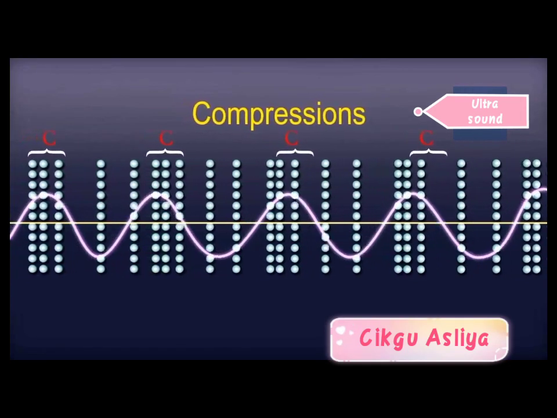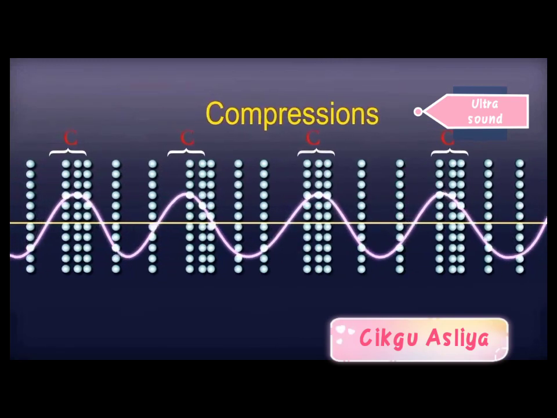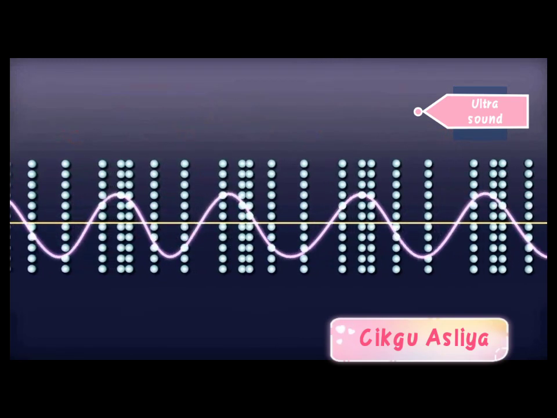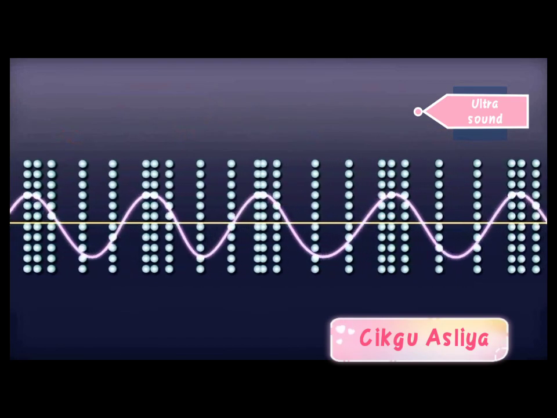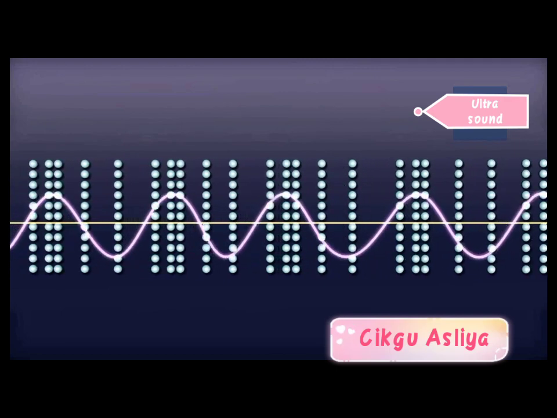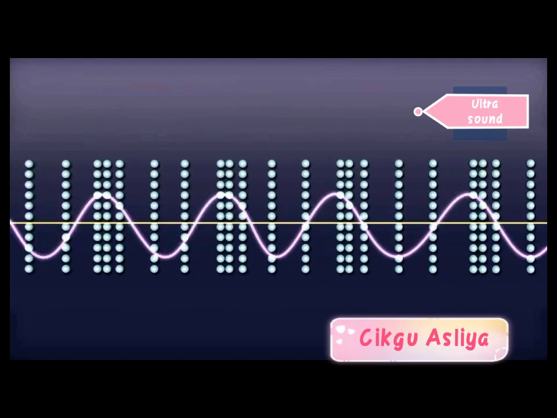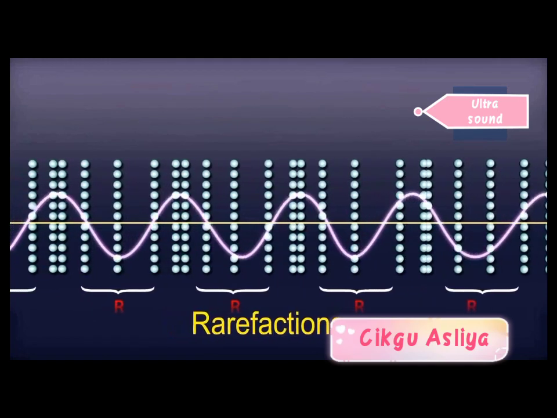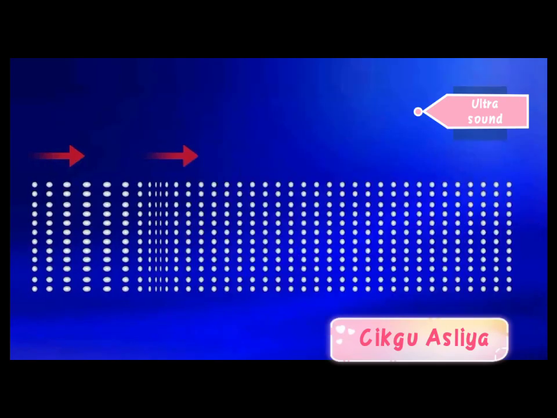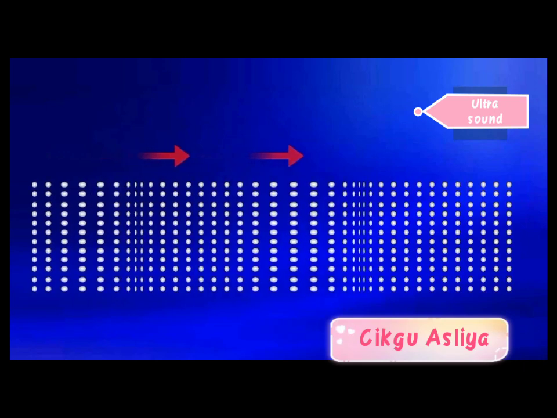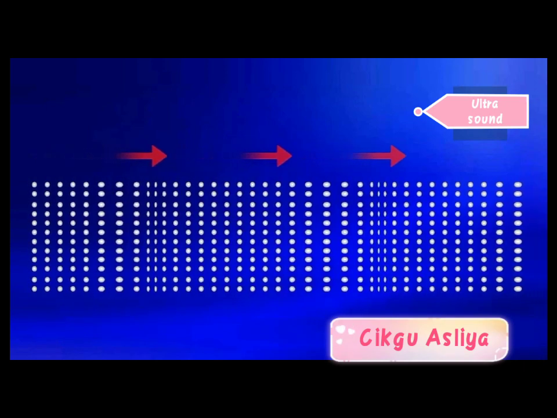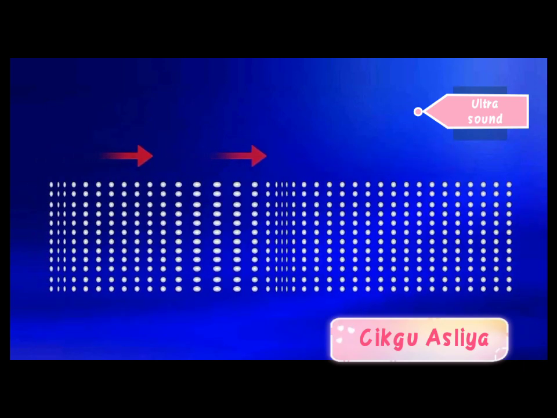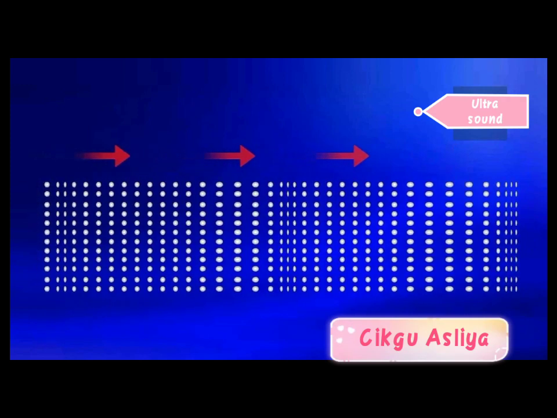It is denoted by C. The region of low pressure is experienced in places where the particles of medium are far apart from each other, is known as rarefactions. It is denoted by R. Here the particles are vibrating along the direction of propagation of the disturbances. This wave is known as longitudinal wave.